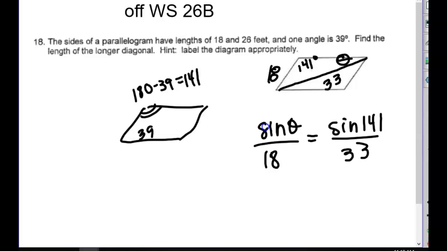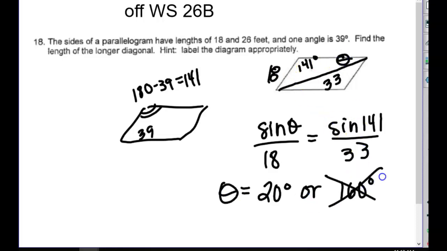Now, can that angle be obtuse, the angle at theta? No, we're doing second sine, but I don't think we're going to need two solutions. I got 20 degrees. If you did, that would be or 160, but obviously in that little triangle you can't have that.